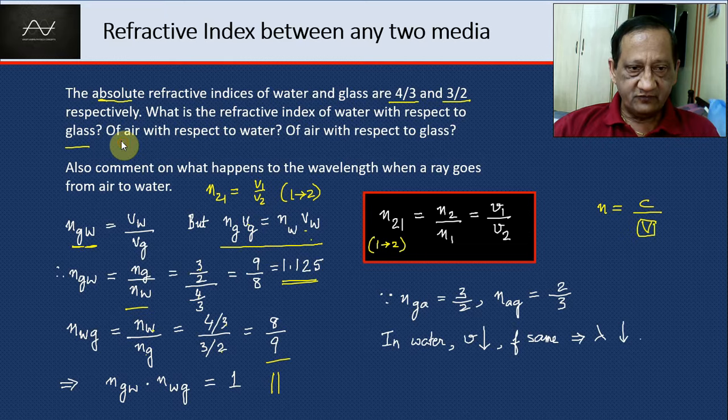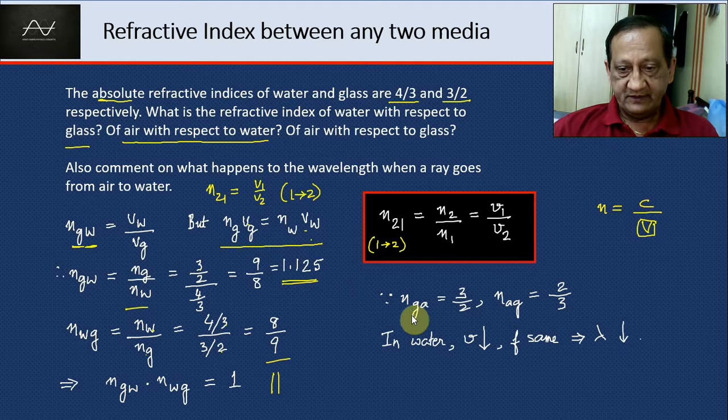Next is asking what is the refractive index of air with respect to water or air with respect to glass. N of glass is 3 by 2, and I've written A deliberately here, so we don't write it when the ray is coming from air.